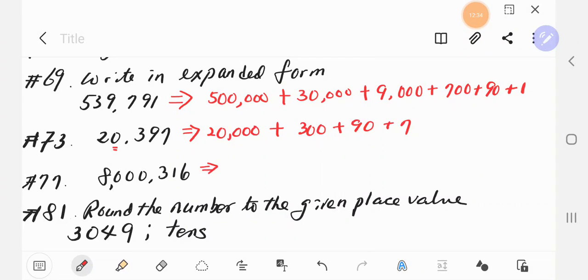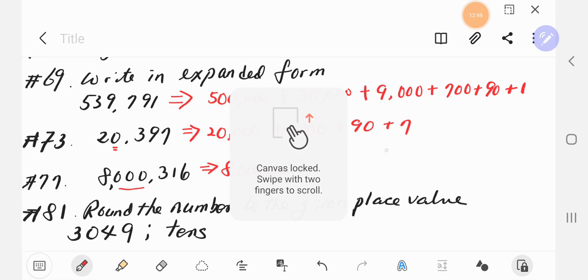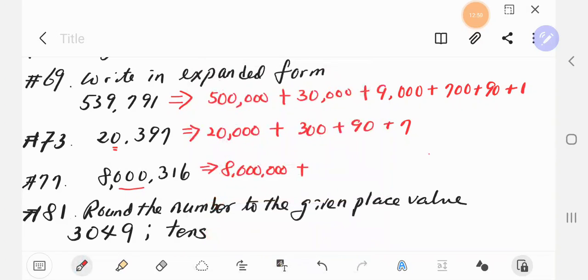Okay, for 77, 8 million, so write down 8 million plus, for this 3 you don't have to put anything, and then 316, so write down 300 plus 16, so 16 is starting with the tens digit 1 and then plus 6.